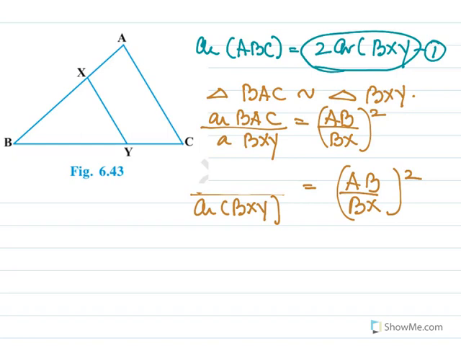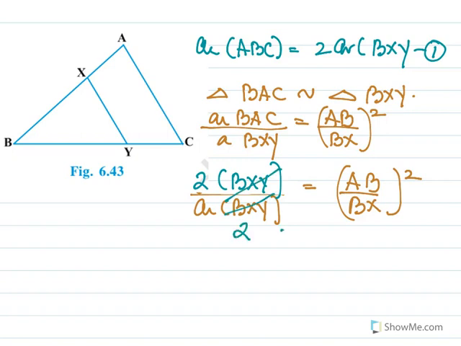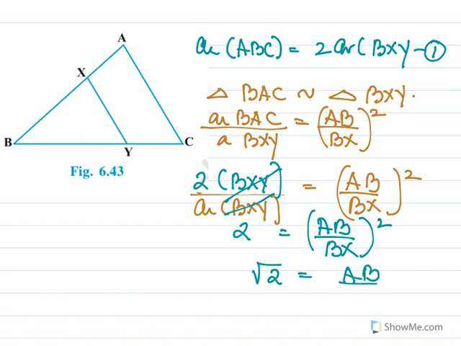For ABC I'm going to write twice BXY. So here I'm going to write twice BXY. So what I get now is, and this cancels out, 2 equal to AB over BX the whole square. I take the square root on the other side, root 2 equal to AB over BX.